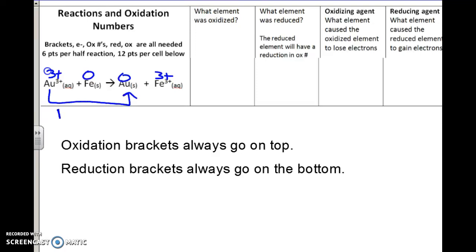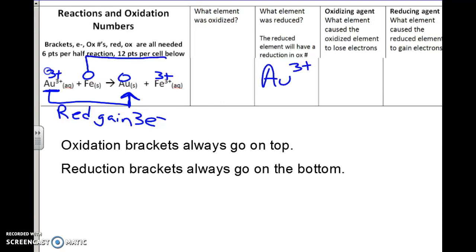That is a reduction in oxidation number, and a reduction is a gain of electrons. So this Au3 positive gained 3 electrons to become Au solid. So what was reduced? That was Au3 positive.